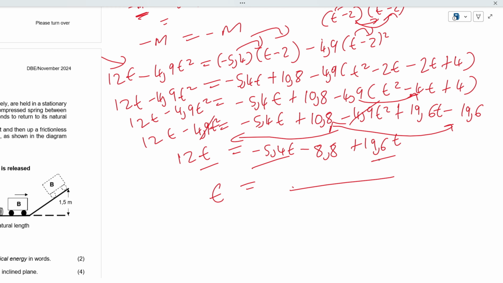So this is going to go that side, so when this goes that side, let me bring it this side. It's going to be 19.6t minus 5.4t minus 12t, and then over, what is it going to be over?